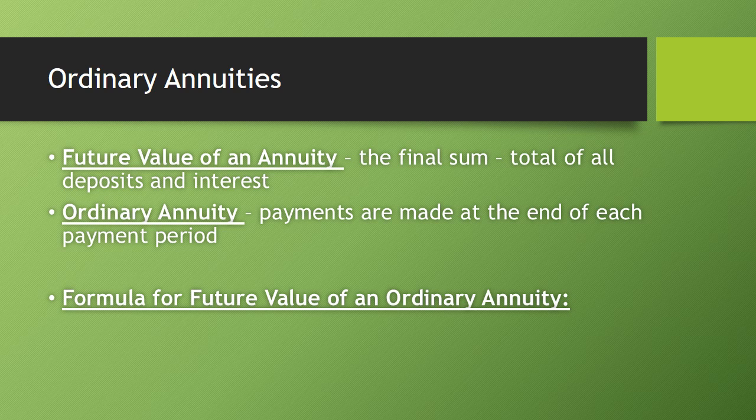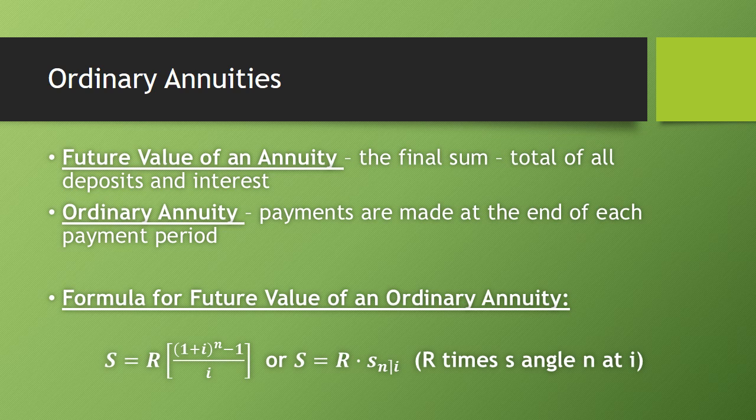The formula for the future value of an ordinary annuity is the future value, which is represented by S, equals R, which is how much you're putting into the annuity each period, times 1 plus i, and remember, i is the annual interest divided by the number of compounding periods in a year, to the n, which is how many compounding periods, minus 1, over i.